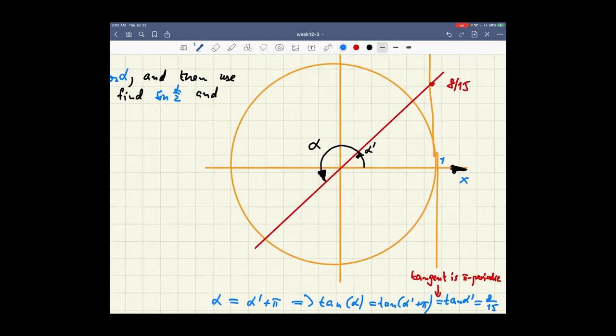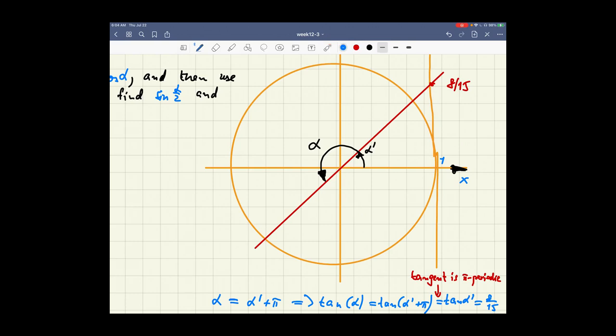Now, in this right triangle, let's write tangent alpha prime as opposite leg over adjacent leg. Adjacent leg we know is 1. So opposite leg is therefore 8/15. This distance is 8/15.